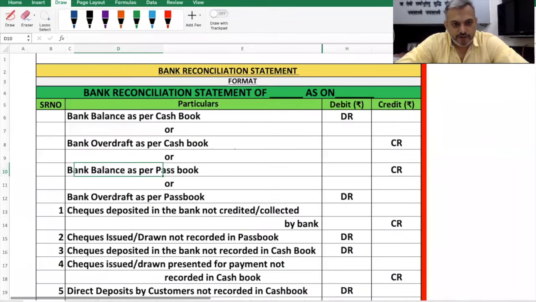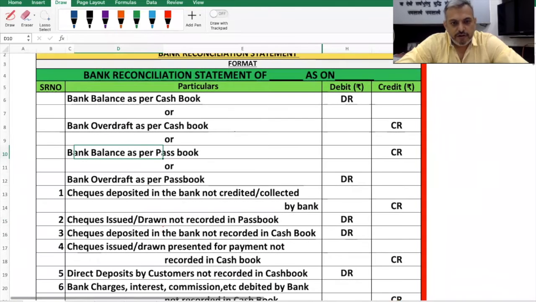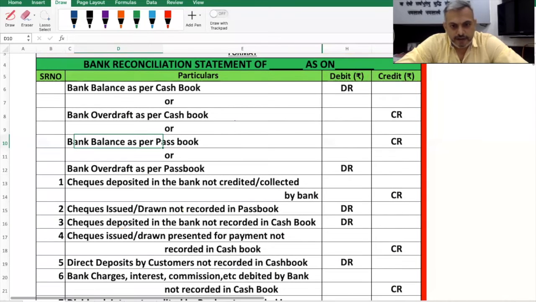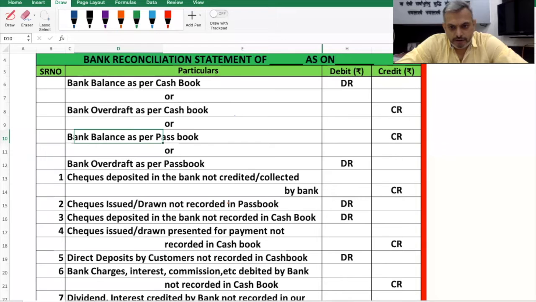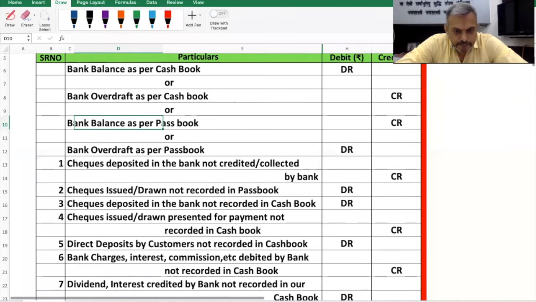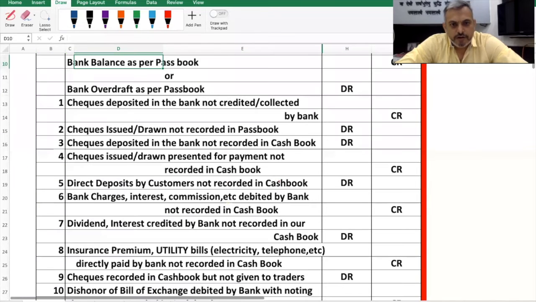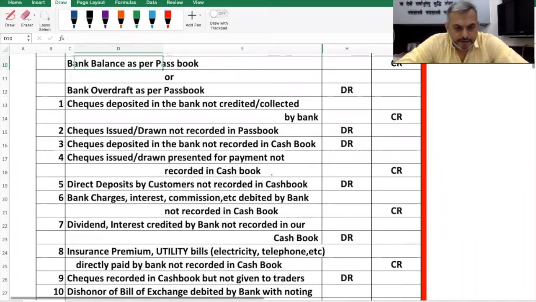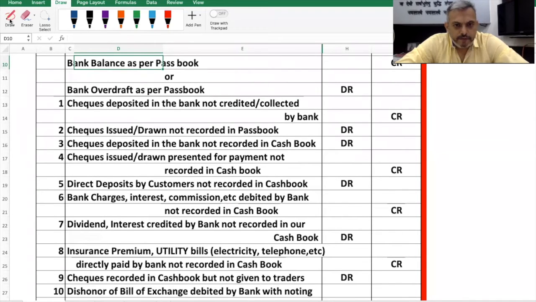Yesterday also you have seen checks issued, but not presented for payment. So this one, but not recorded in passbook, is not presented for payment.